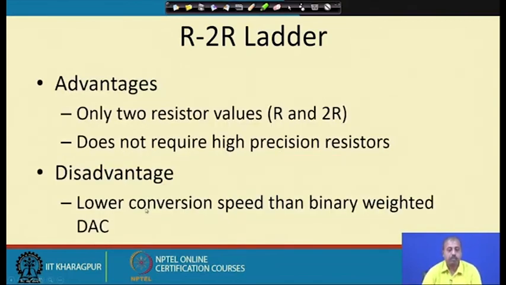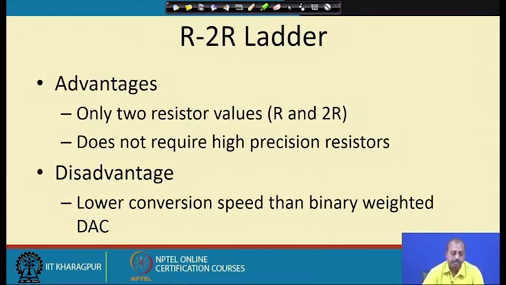So, why should you go for R2R ladder? The advantage is that only two resistor values are necessary, which are R and 2R, and it does not require high precision resistors. For getting 2R, we can take one type of resistance and connect two of them in series. So ideally, a single resistance is sufficient; you can sometimes connect two of them, sometimes one of them, to get the R2R configuration, or you can use exactly double resistances like 1K and 2K.